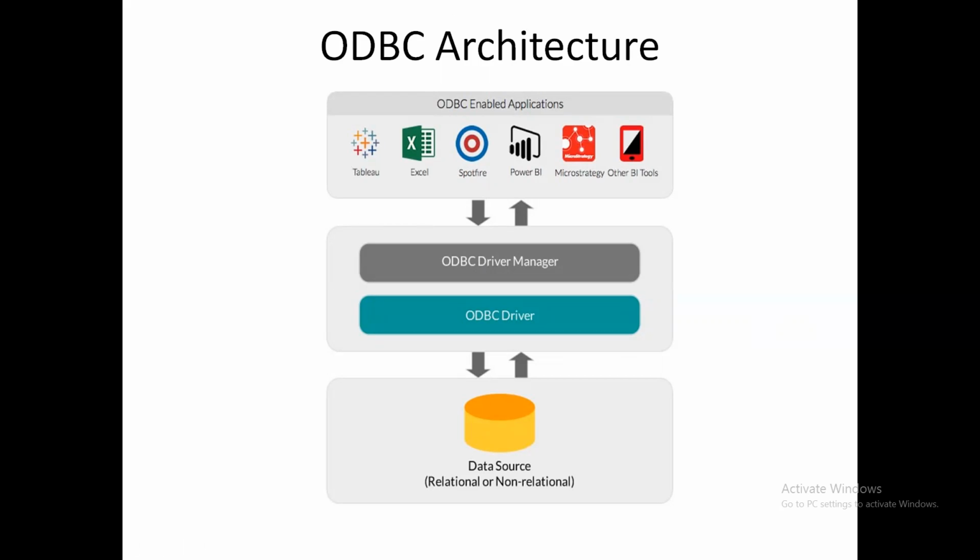After the loading process, the application will send the request for fetching the data. That request or function call will be sent to the ODBC driver manager, and the ODBC driver manager will send it to the ODBC driver. In this place, the ODBC driver will process the query and check whether the query language is supportable by the associated DBMS. If it is supported by the DBMS, it will send the SQL request to the DBMS.